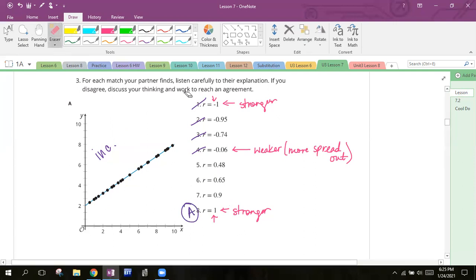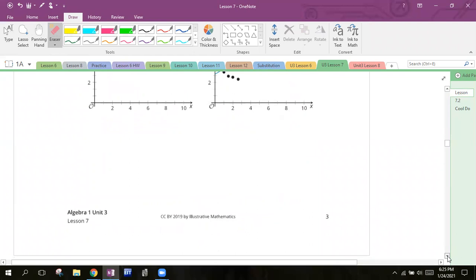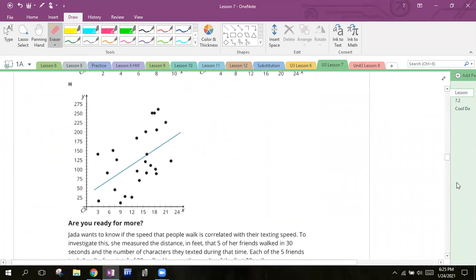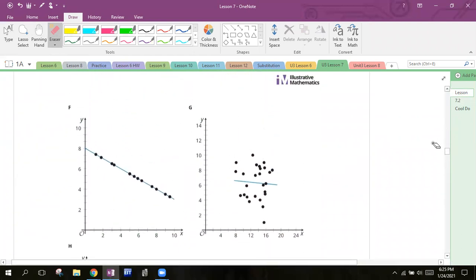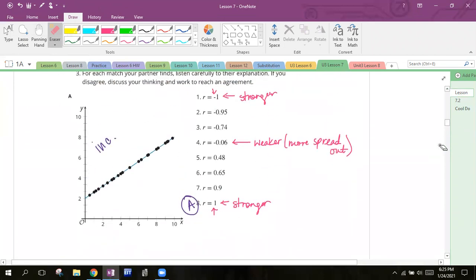Okay, so you're going to do that with the rest of the graphs that are on the next couple of pages. So you're just going to have to flip back and forth and do all of those. And then I'm going to give you all a couple of minutes and then we will talk about them together. I'll give you about 2 minutes. And if you need more time, just pause the video and do it. Okay. This is not too hard. So please take your time and try on it. Okay. So I'm going to give you 2 minutes.